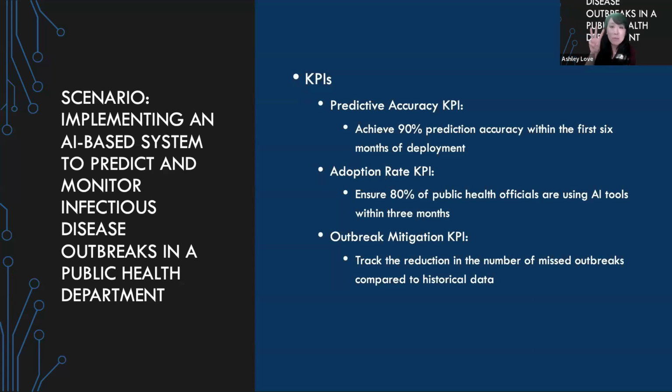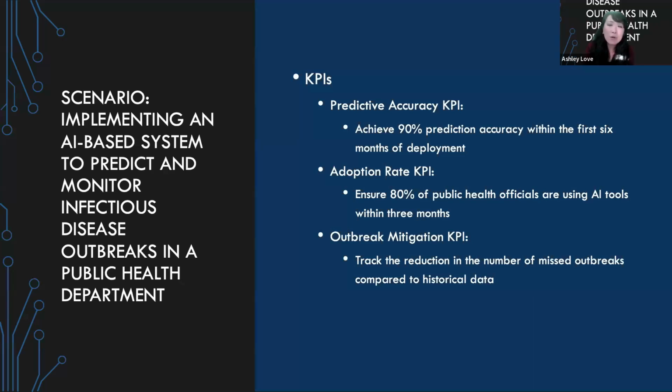So it makes it very tangible to figure out whether or not you achieved that goal. And then outbreak mitigation, we're trying to track the reduction of numbers of missed outbreaks from historical data.